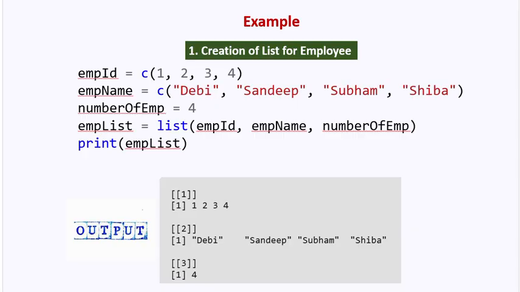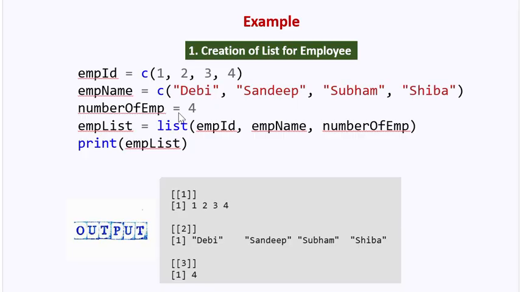Inside this list function, we have emp list equal to the data: the details of the employee, such as employee ID, employee name, and the number of employees in the company. All together will create a list, and that will be printed with the help of the print function. When you give the name of this list, emp list, it will display everything together with the index values. You can see the output here.